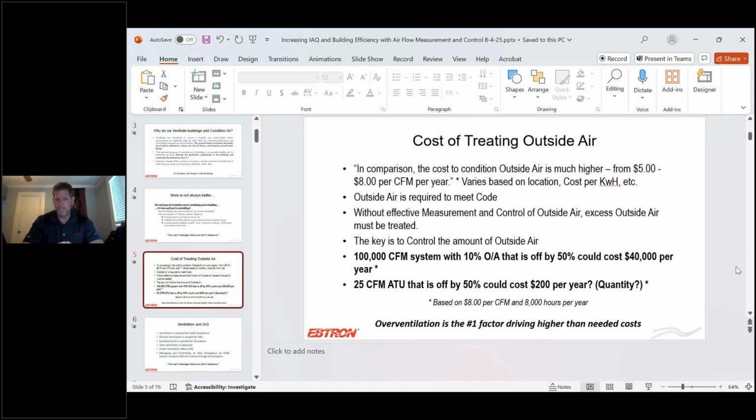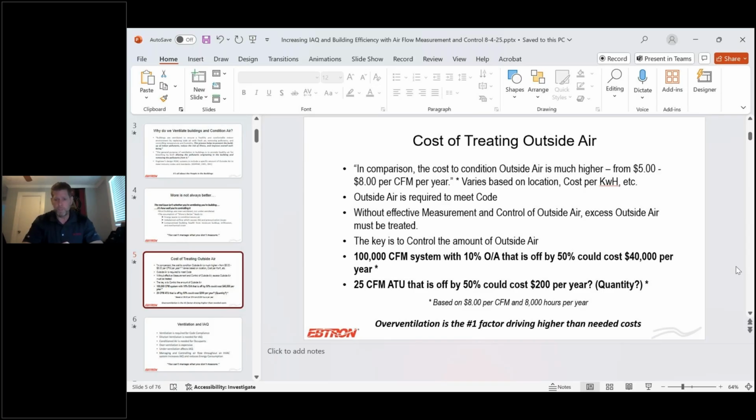If that 10% is off by 50%, so you've got 10,000 CFM of outside air and you're off by 50%, you're bringing in 15,000 CFM of outside air, that could potentially cost $40,000 per year, based on $8 a CFM and 8,000 hours a year. Okay, it might be an extreme case, but if that unit's running 24/7, that could be the case.